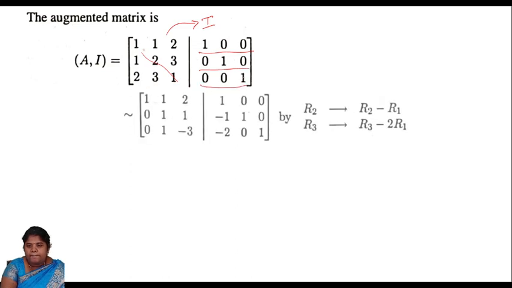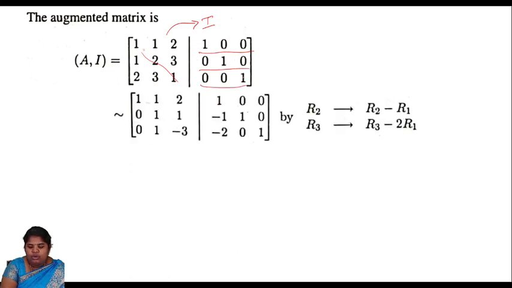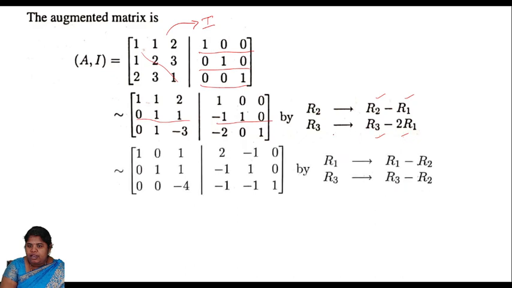Okay. So row 2 is changed using row 1, row 2 minus row 1. So we get 0, 1, 1, minus 1, 1, 0. So row 2 minus row 1. And row 3 is changed by row 3 minus 2 times row 1. And now we want to make these two elements 0.